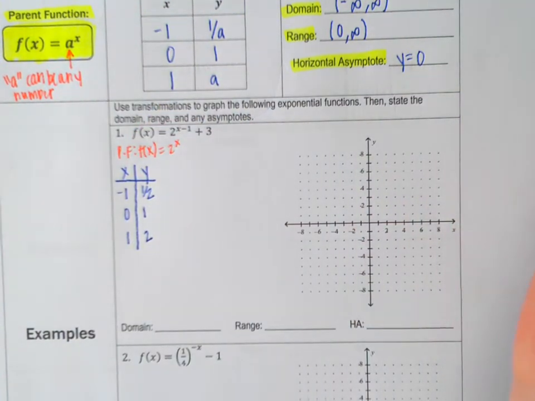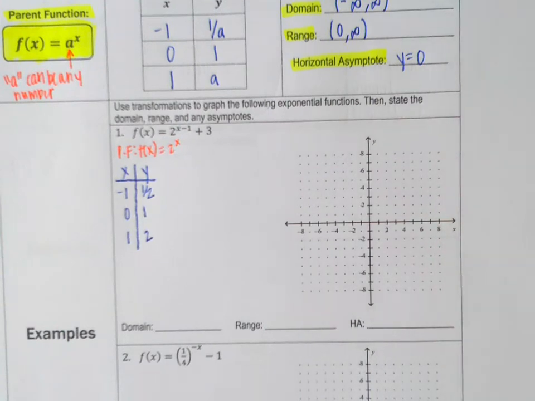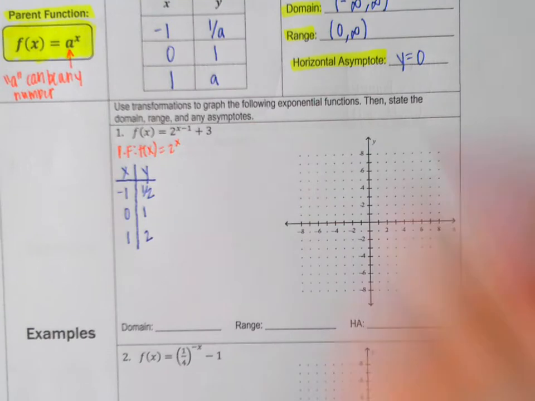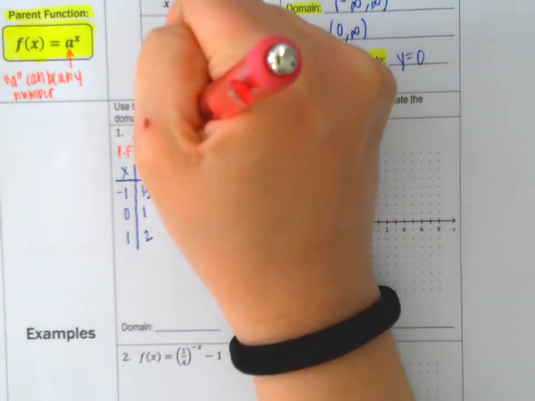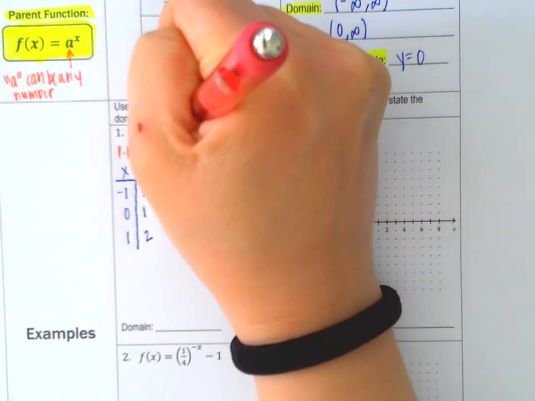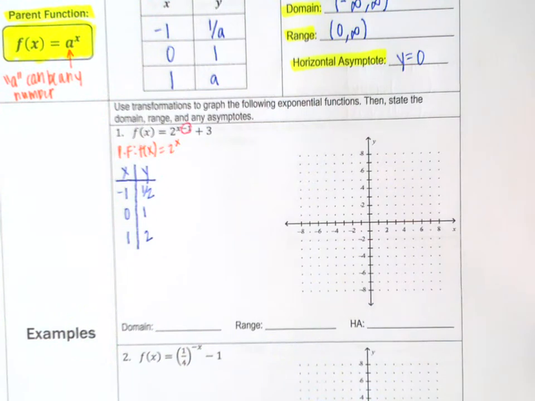Okay, so then we're going to apply our transformations. I have 2 transformations here, and I'm going to refresh that process for you guys. The first transformation I see is that -1. Is that -1 within the function, or is it outside the function?